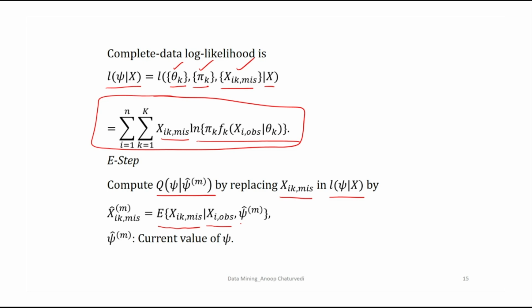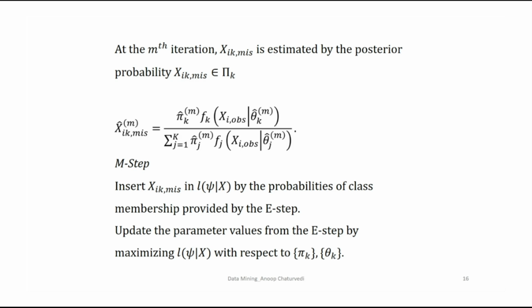So, psi hat m is the estimator of psi, or estimator of the parameters obtained at the mth step, or you can say psi hat m is the current value of psi. Then at the mth iteration, x_ik missing is estimated by the posterior probability that x_ik missing belongs to pi_k. So, this is how we estimate x_ik missing.